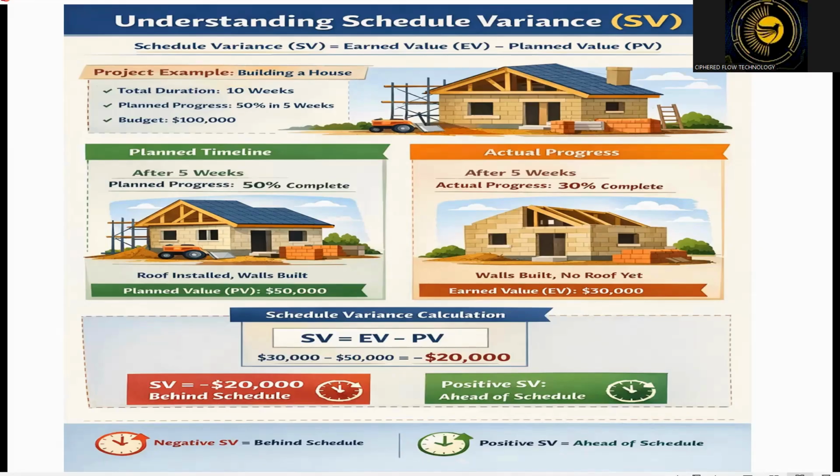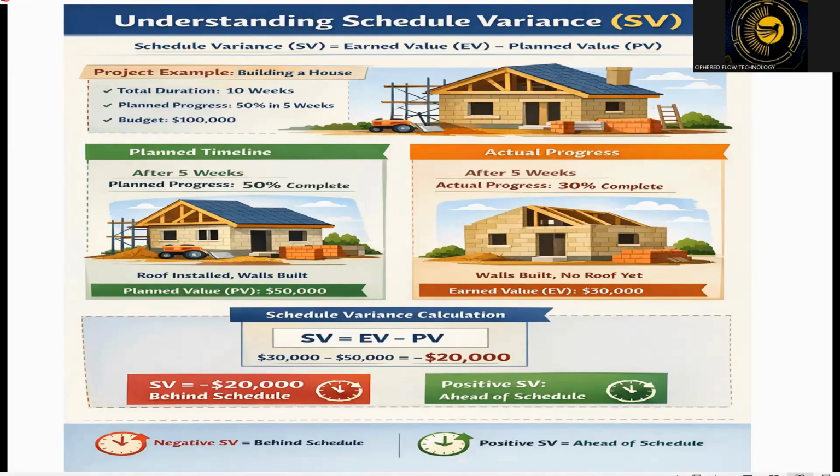Think of metrics as the health report of your project. Without metrics, managing a project is like driving a car without a speedometer. You might be moving, but you don't know how fast, in which direction, or whether you are about to crash or not.